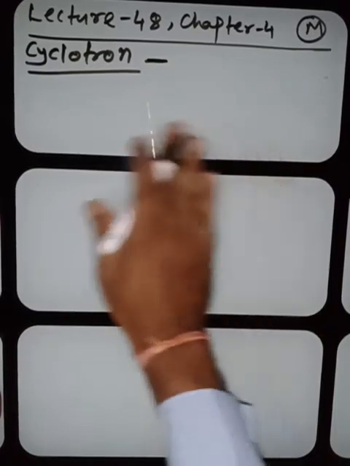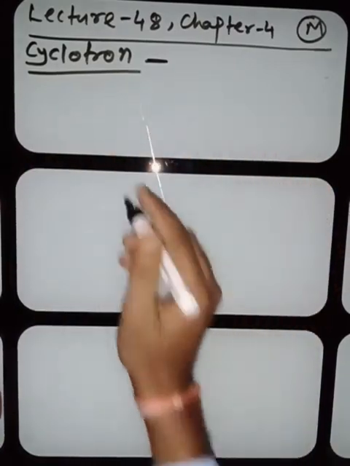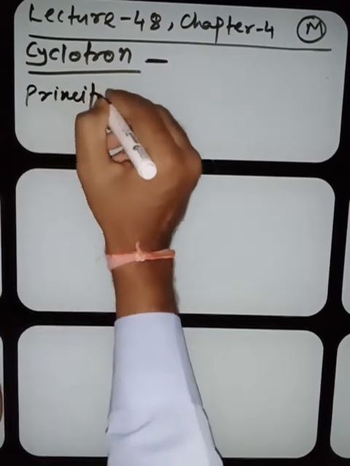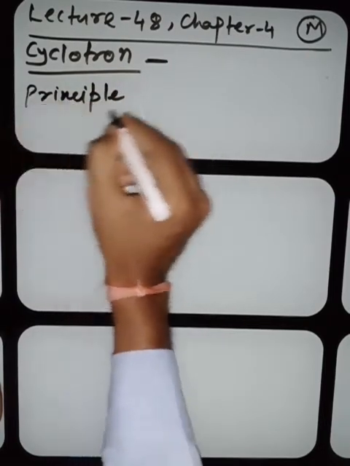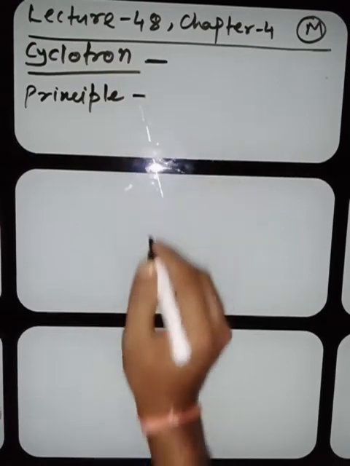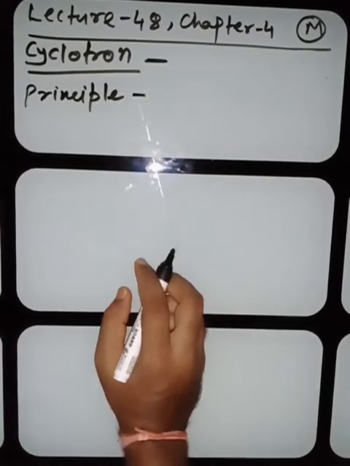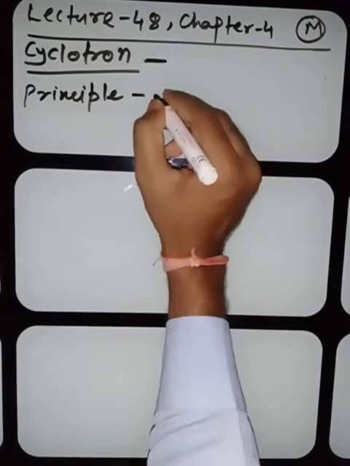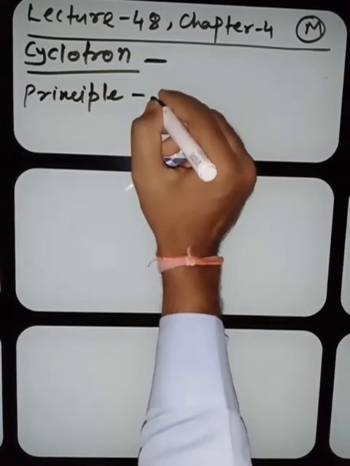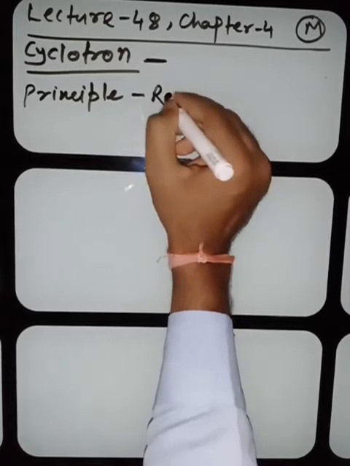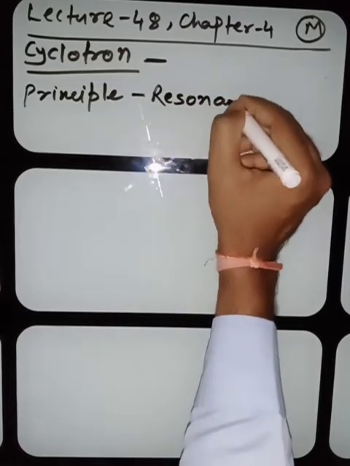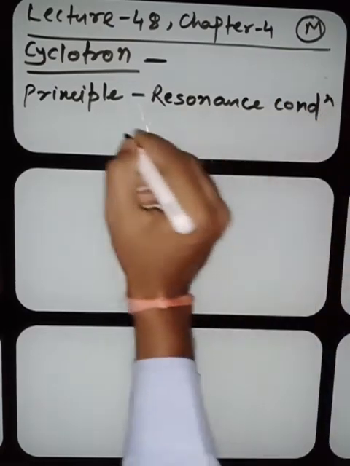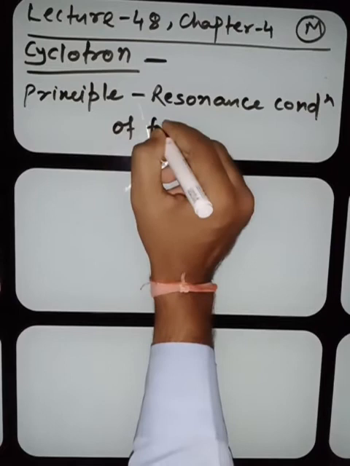In examination, you will be asked to write the principle of cyclotron. This principle I will explain after making the diagram, but right now you only have to remember and write the principle. It is based on the resonance condition of frequency. What does it mean?